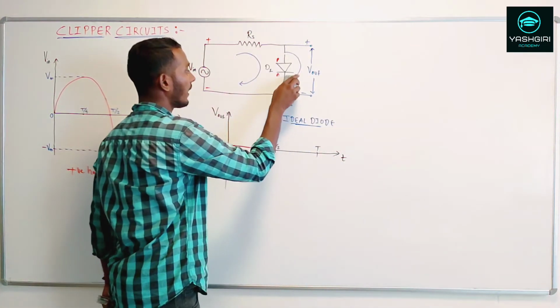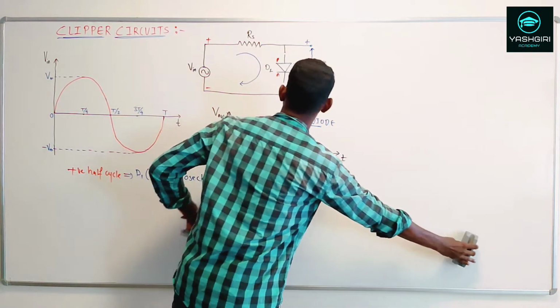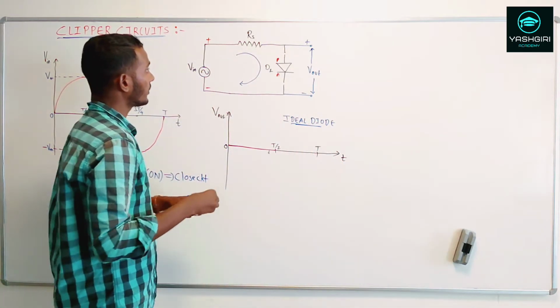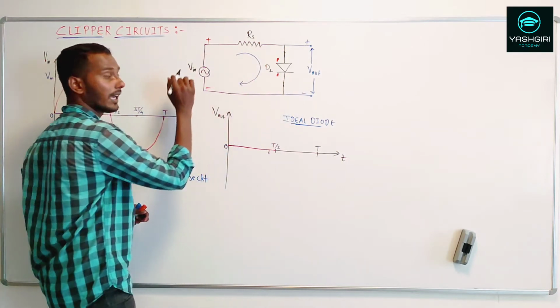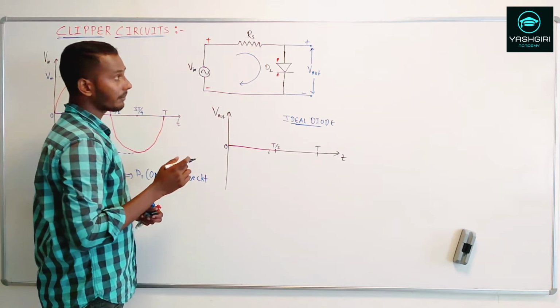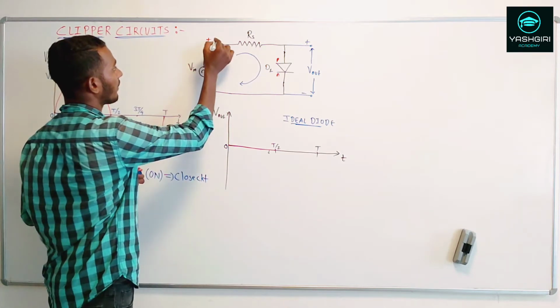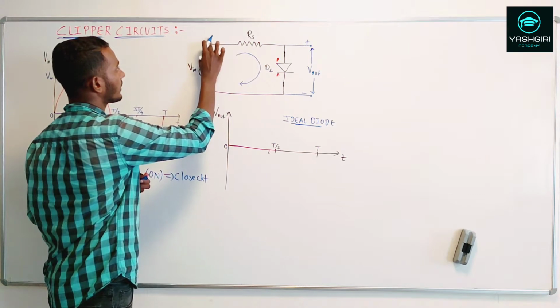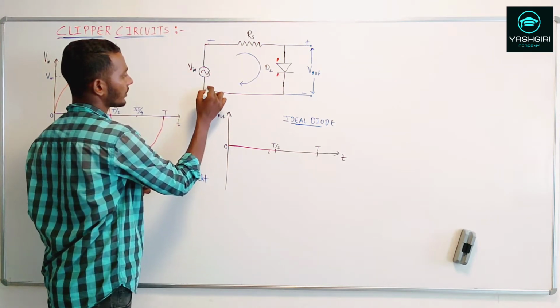Now for the negative half cycle, what is going to happen? There's a change in the polarity. This time the plus will become negative, and the negative will turn to a positive.